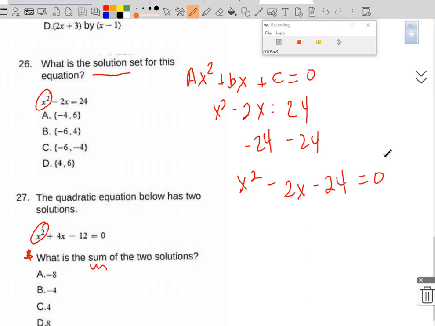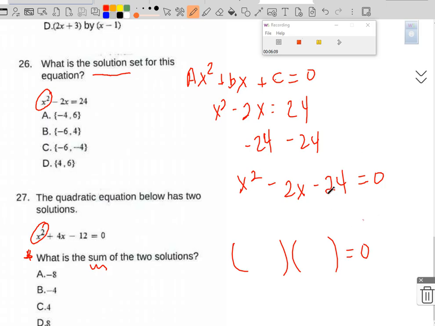So now we need to decide, should we try to factor or should we just go ahead and use the quadratic formula? Well, at first glance, I'm inclined to think maybe I want to factor because this coefficient is 1. If this is factorable, it's really easy to do. You're just going to factor into two binomials, and then I set the factors equal to 0, and I solve.